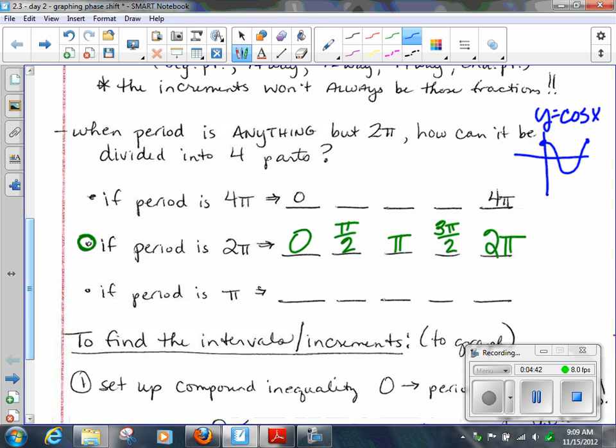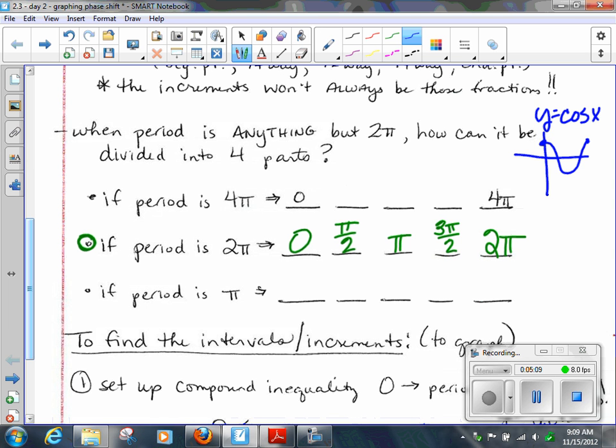Now, going back to the phase shift, we've got to have those 5 pieces on the x-axis, those 5 increments. If the period is 4 pi, then what's the first piece that we're going to label on that x-axis? If our curve is going from 0 to 4 pi, what's the next piece I'm going to label?